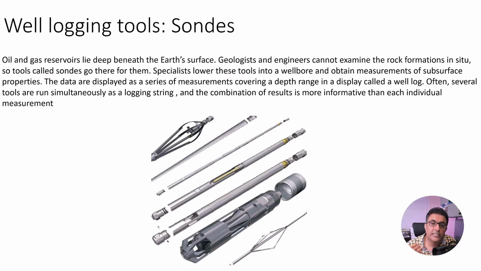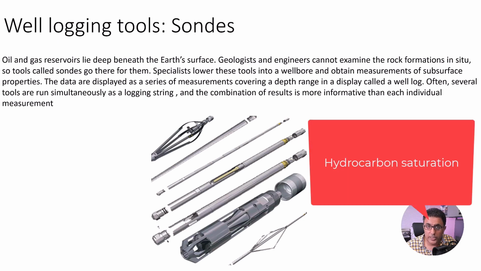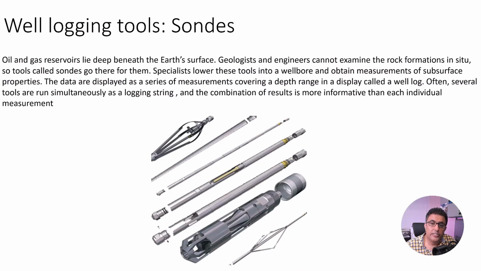We are able to estimate hydrocarbon saturation. And even using new tools such as nuclear magnetic resonance, we are able to estimate the permeability of the rocks. So with well logging methods, we are able to obtain so many pieces of information from the subsurface.